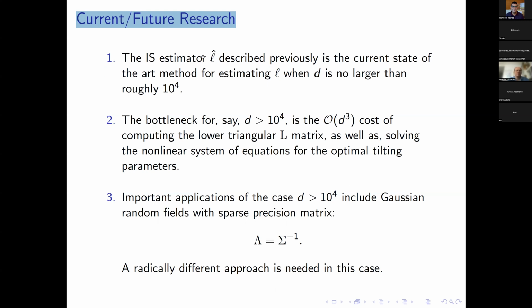So the problem with what we have described so far is that it only works when the dimension of the multivariate student or Gaussian is roughly less than 10 to the power of 4.